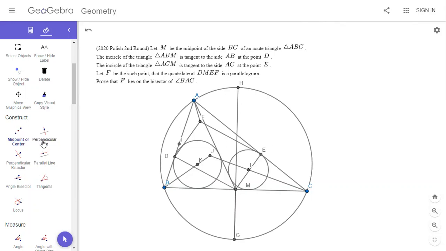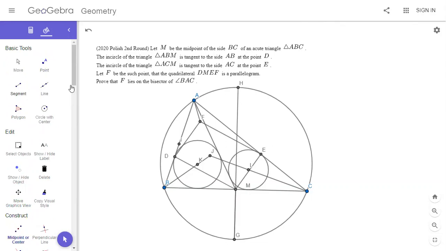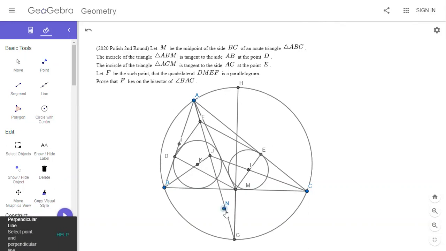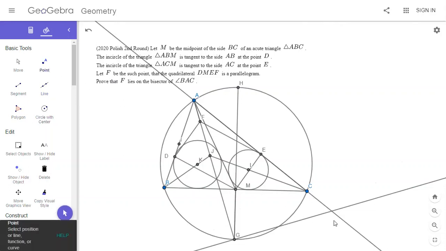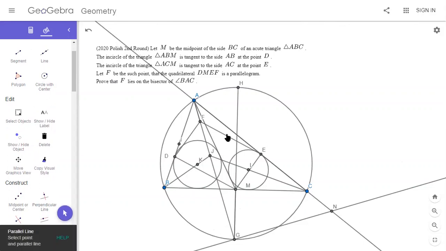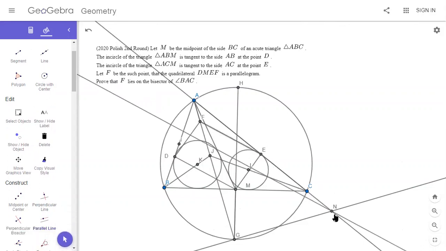Let me try a whole bunch of different things. What if I did this? I'm going to try to do a homothety at point A. I wonder if these are concurrent.